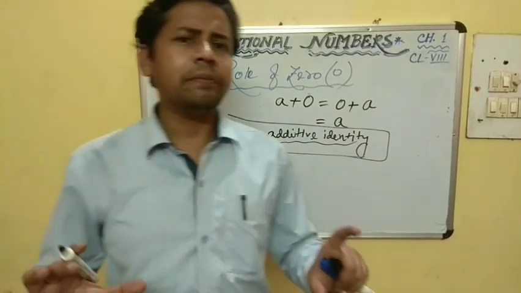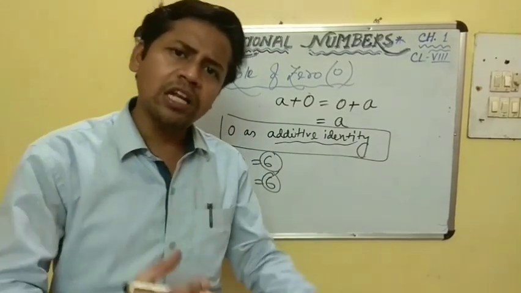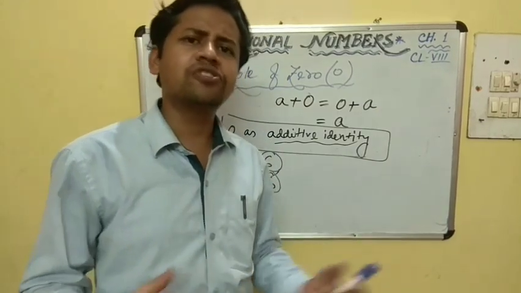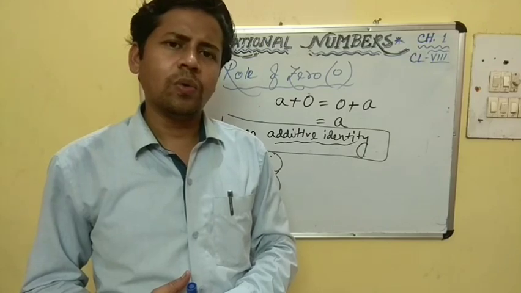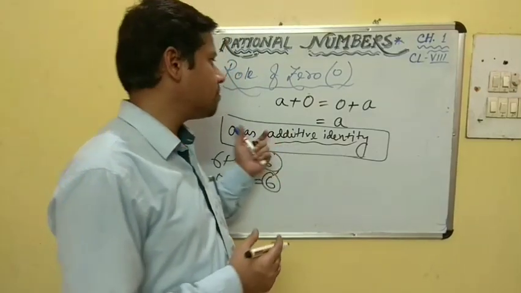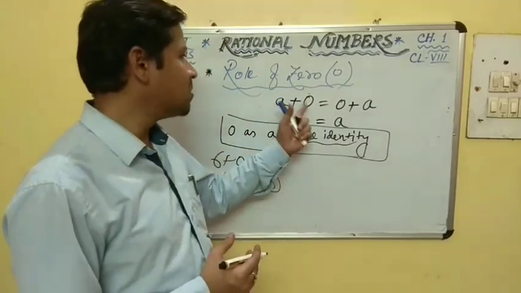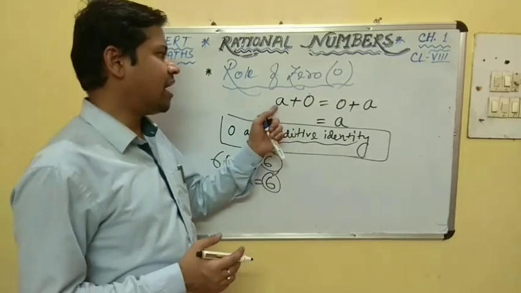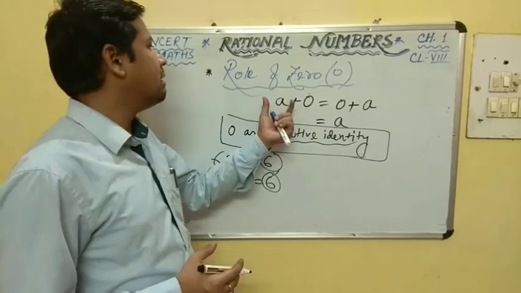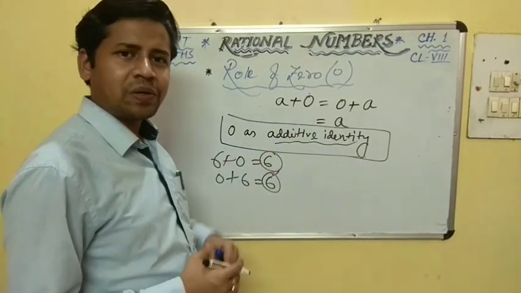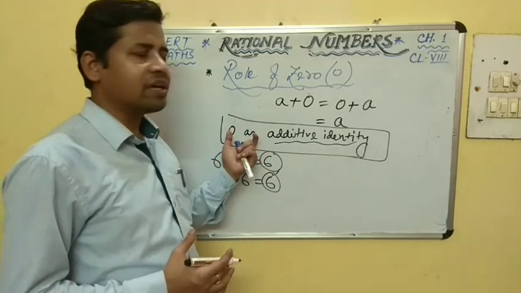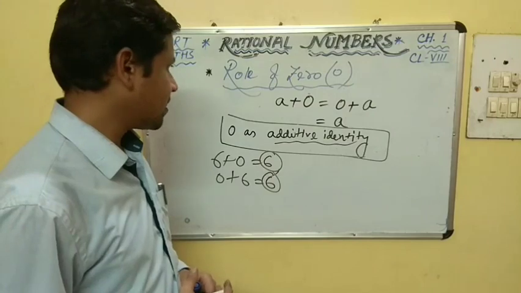When we add a number to another number and the result is that the number is unchanged, the number for which this happens becomes the identity. Here 0 is the identity, because when we add 0 to rational numbers, the numbers remain unchanged, so the value is not changing. That's why we say that 0 here is the additive identity.